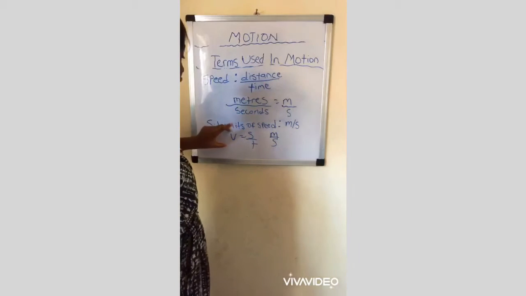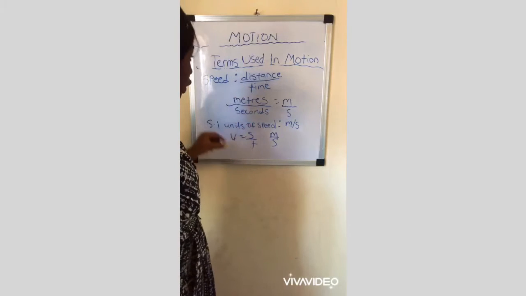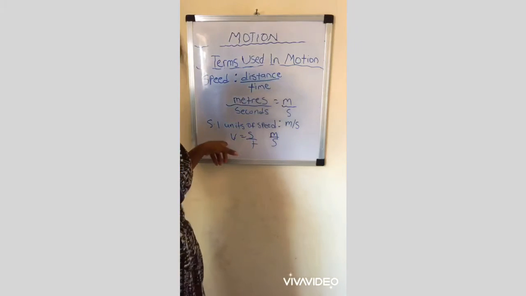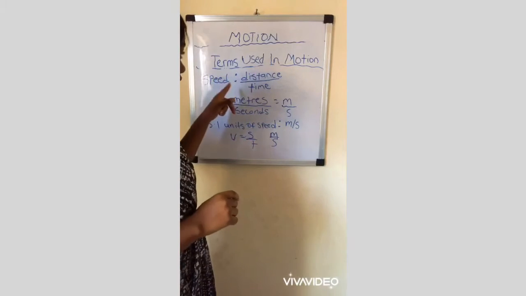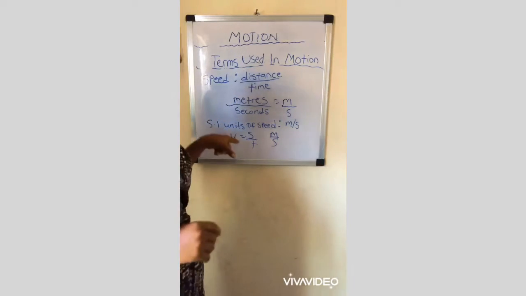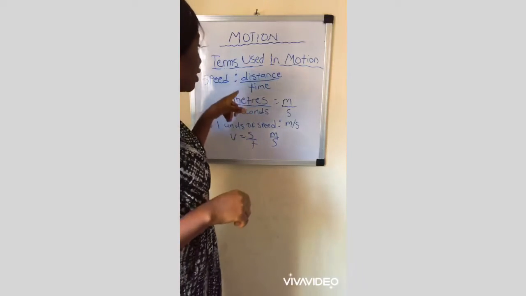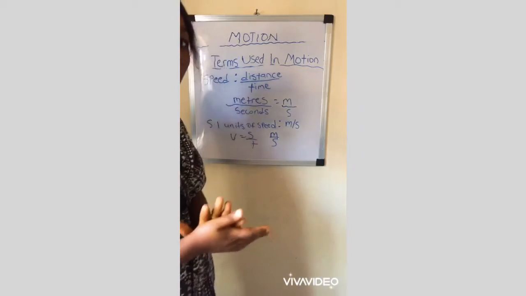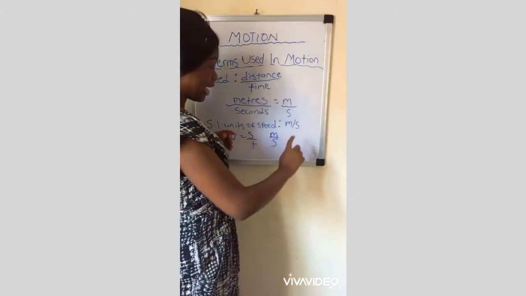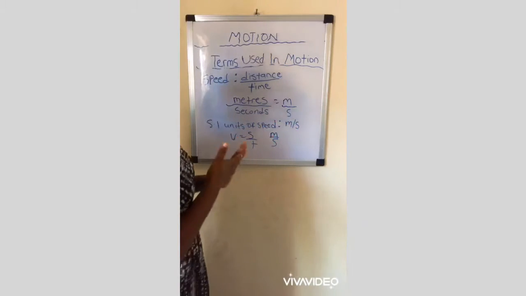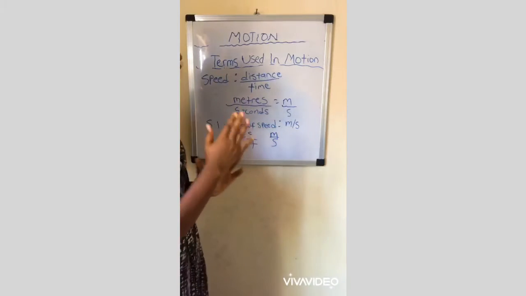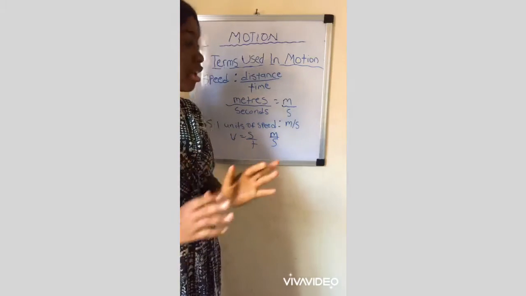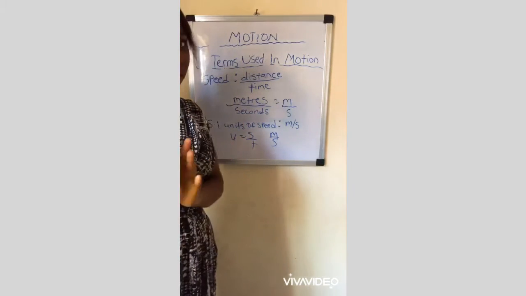That is v is equal to s over t. So whenever you see v, you know they're talking about speed, and whenever you see s, you know they're talking about distance, and whenever you see t, you know they're talking about time. Now back to m over s. This is actually talking about SI units, that is, what is distance measured in and what is time measured in.